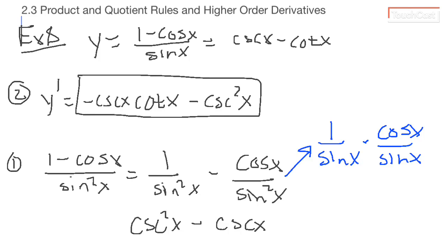Cosine x over sine x is cotangent. So even though the order is different from what we got in 1 to what we got in 2, they give us the same thing. Pretty neat.